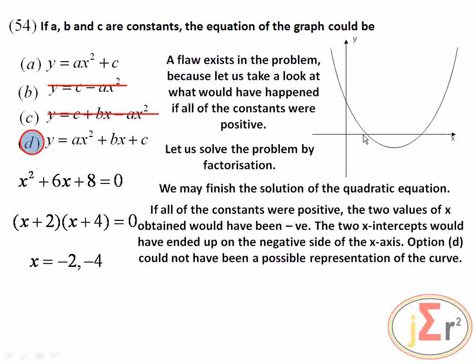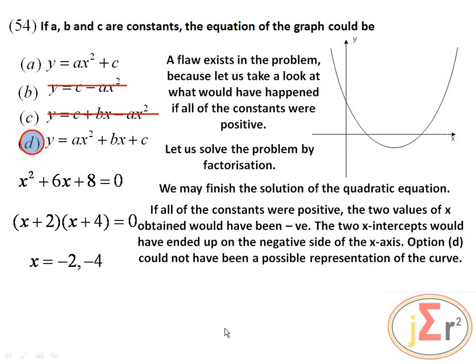Notice what we have: this intercept and this intercept, both of them on the positive side of the x-axis, while if the constants were positive, we would have them on the negative side. So this problem has a flaw that I hope will be ironed out by the next time we attempt another problem like this.